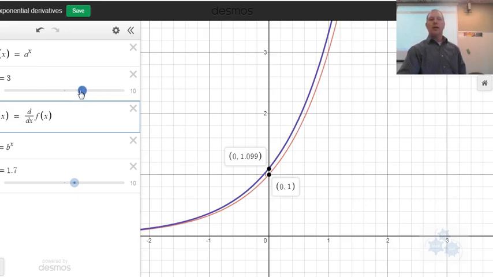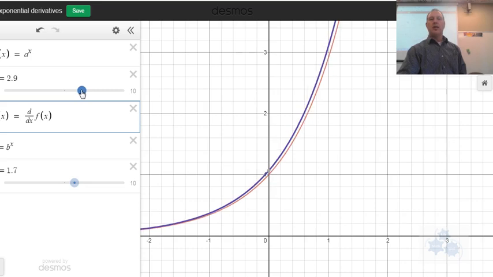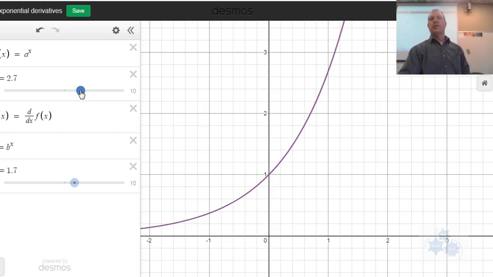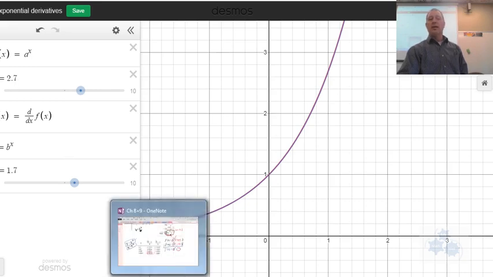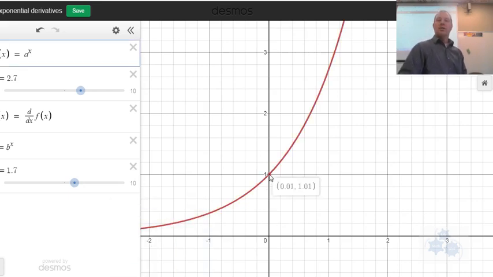So watch what happens when I drag the slider down a little bit. There becomes a function that equals its own derivative. So the derivative of y equals about 2.718 or so. The value of e, it is its own derivative. So whatever the y value is, for this 0, 1, the derivative is the same as the y value. Whatever the y value is over here, that is now equal to the derivative.